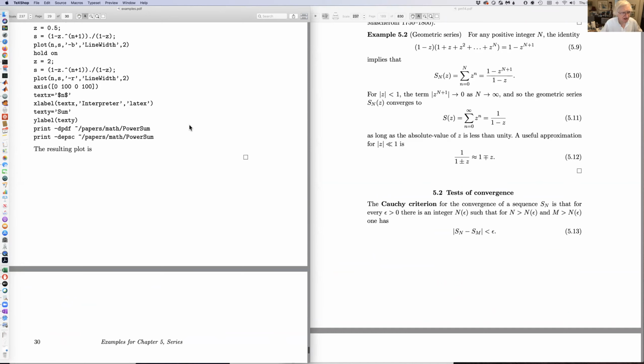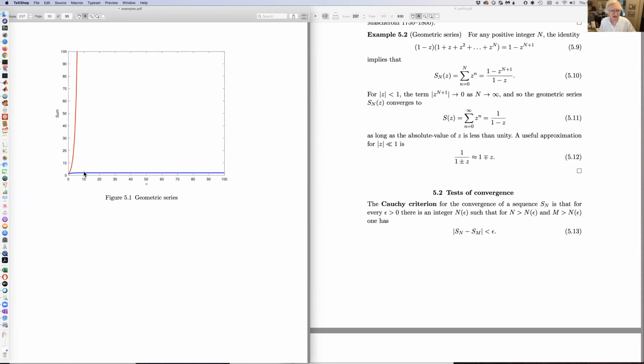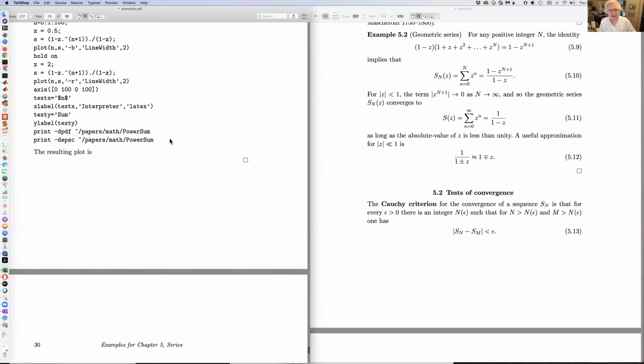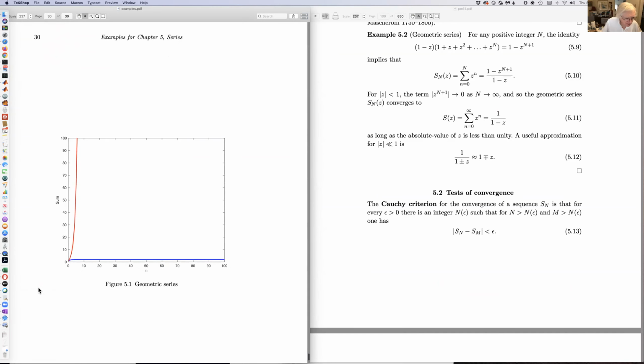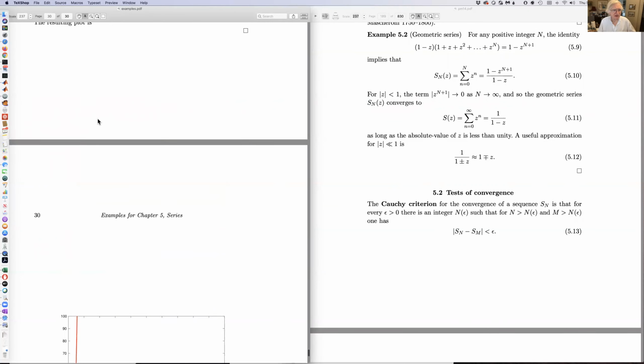Hold on means that you put both plots in the same graph. So here's the case where z equals a half, and you see it almost immediately converges on its value, and the infinite sum for z equal to a half is 1 over 1 minus a half, which is 2. And so you can see that this is approximately 2 here. On the other hand, if you take z equal 2, this thing is going up like nobody's business.